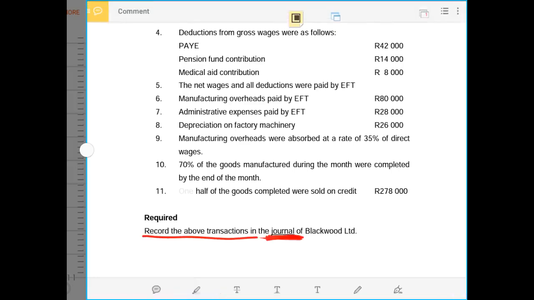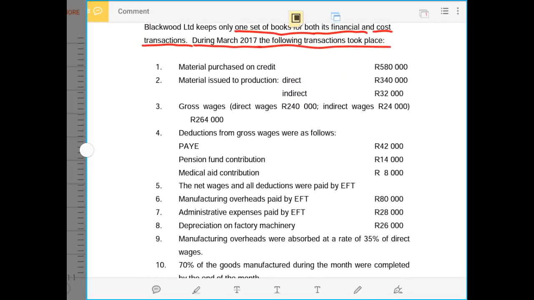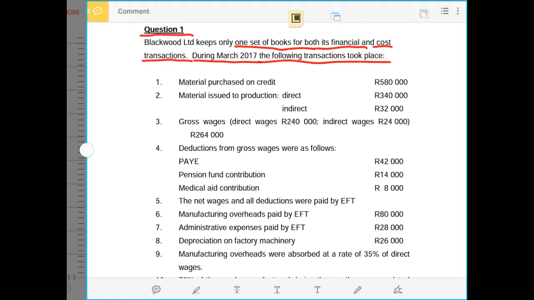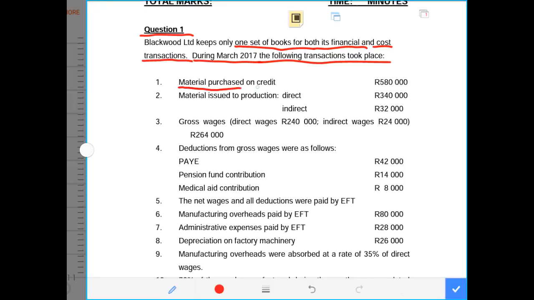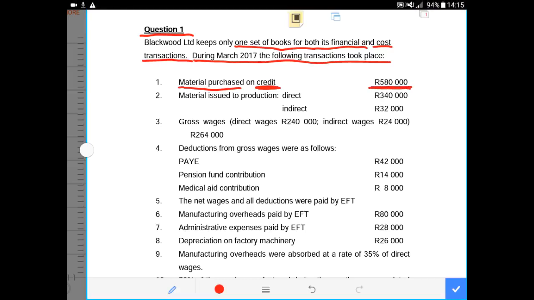In doing this general journal, I will start with the first entry, which is entry number 1 during the month of March. The first entry says that material was purchased, and take note that this material was bought on credit, and the amount was 580,000 rands.